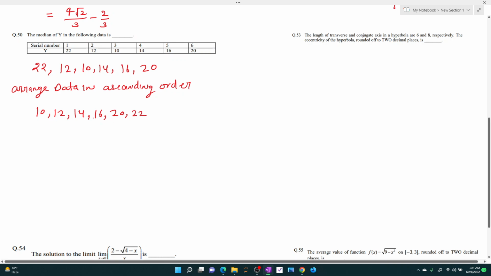The total number of terms is 6, which is an even number.